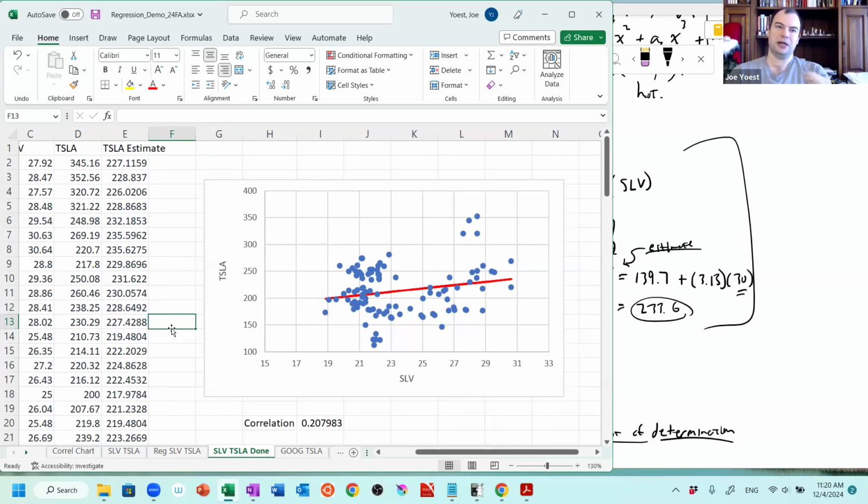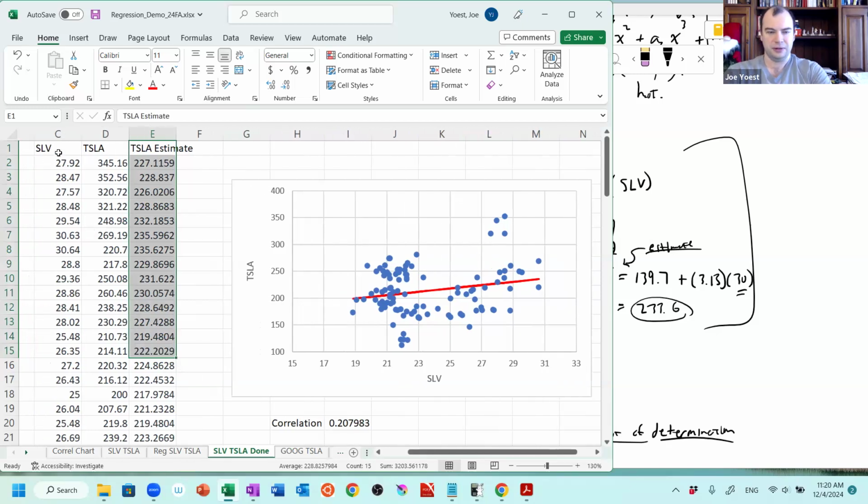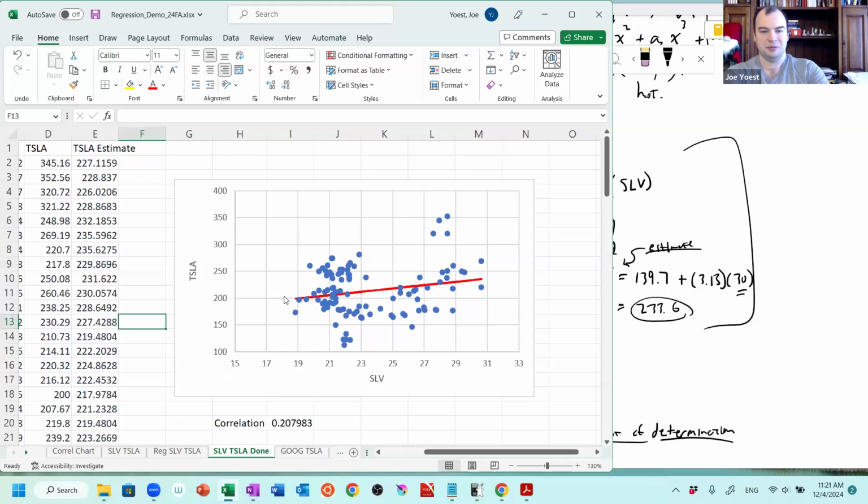These were actual silver prices versus Tesla prices. And the red line here is my estimate. I mean, of course, silver versus Tesla estimate, this is a linear model. Those points are all going to lie in a straight line. So I just worked with Excel a little bit here and made that look like a straight line.